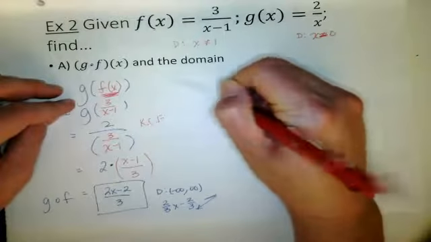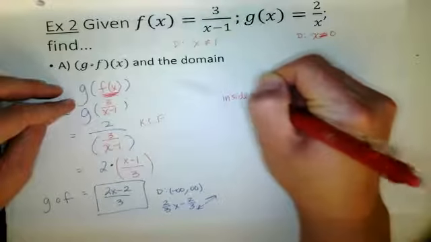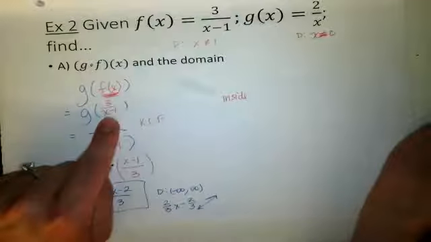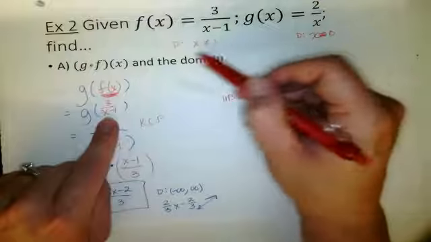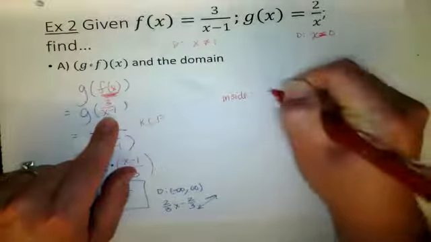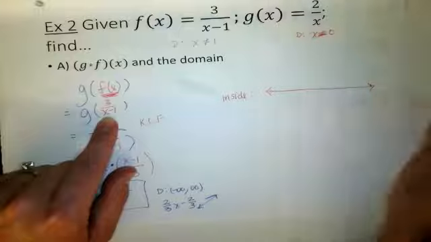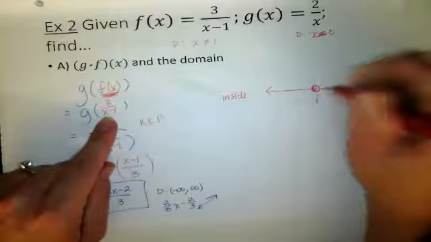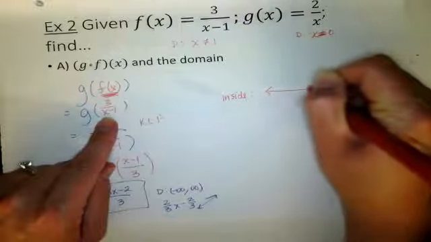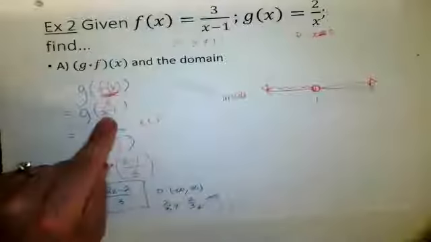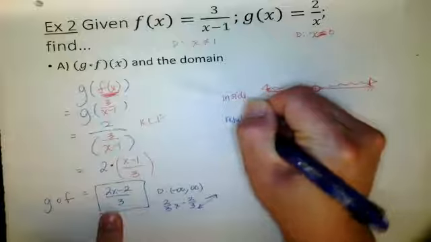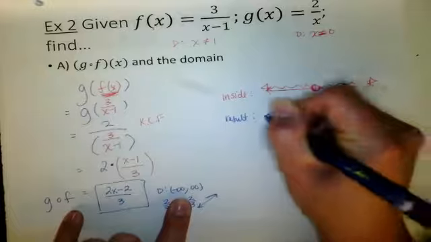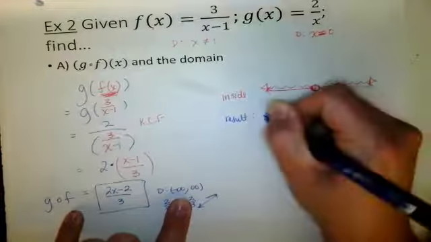So remember, when we want to find the domain, we have to look at the inside function. What was the inside function? 3 over x minus 1. And we knew that it had a domain where x could not equal 1. So I'm going to draw that. There's 1. Open circle because we're not allowed to equal it, and everything else works. And then our result was down here, which we said was a line, and it has a domain from negative to positive infinity.